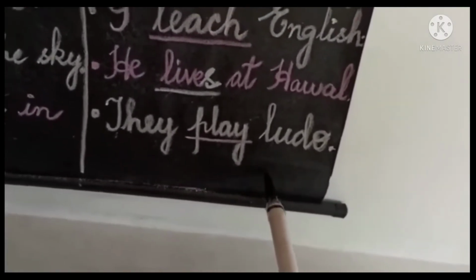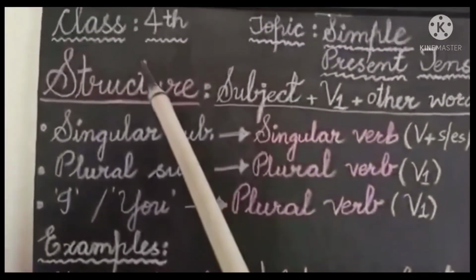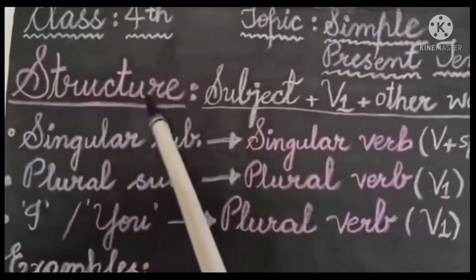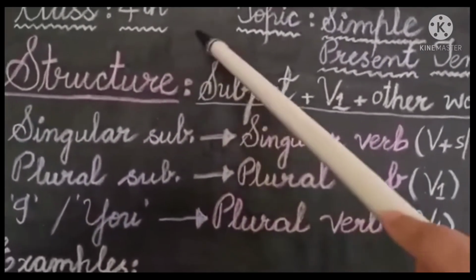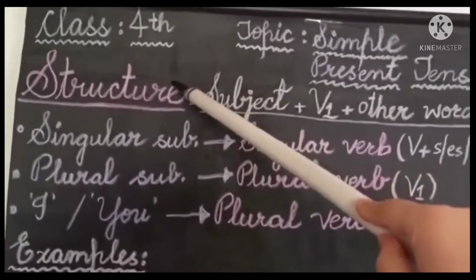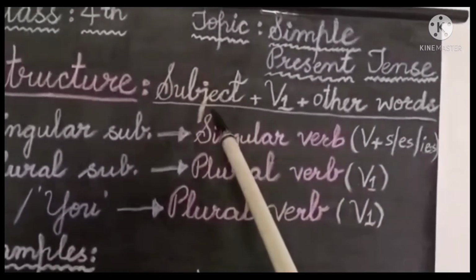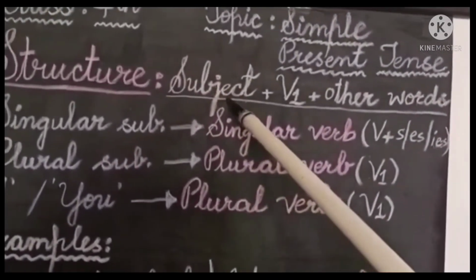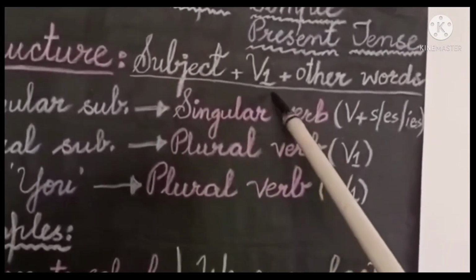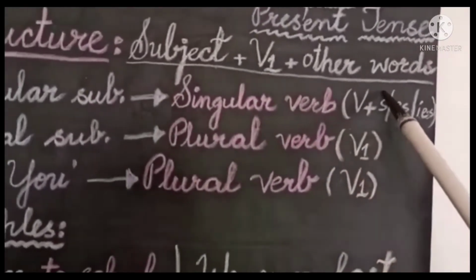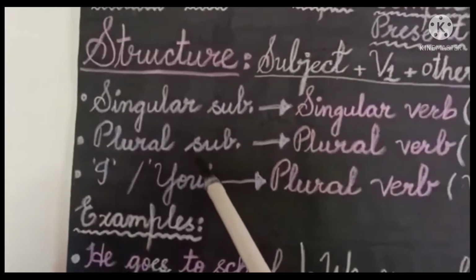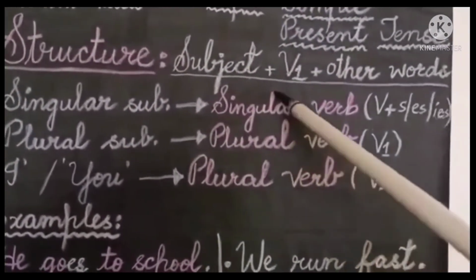They play Ludo. So my dear students, today you have learned the structure of simple present tense, means how you can write or speak a sentence in simple present tense. For that purpose, first you should write or speak the subject, then the first form of the verb, then the other words. But 3 golden rules you need to remember, you need to follow while writing this structure.